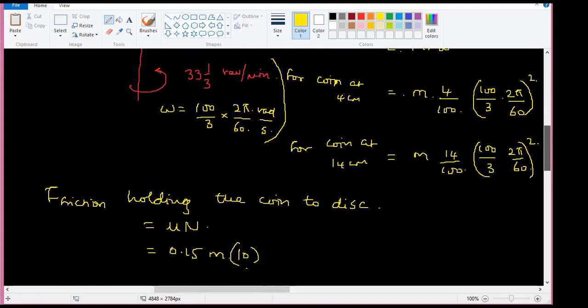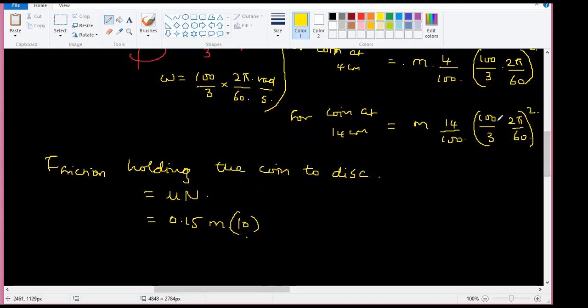So let's see, this is 14, this is 4. All the other things are the same. The 4 is the smaller one, so let's try the 14th one. The 100 and 100 will cancel, so there will be 1. Pi squared, generally I take it as 10 approximately.